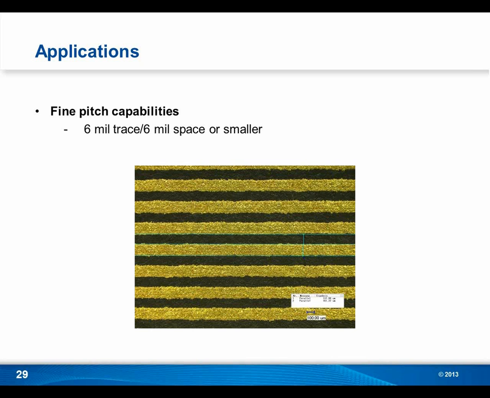Gotcha. And then I had a question coming in from Gary if we could address the throughput of a typical LDS laser system. That's a great question, Gary. The throughput varies with the size of the part and most importantly with how much area is structured on that part, or how much circuitry is on that part. So if we imagine a part that's the size of a hubcap and everything is covered on that, then of course the laser system would take a bit more time to do this.